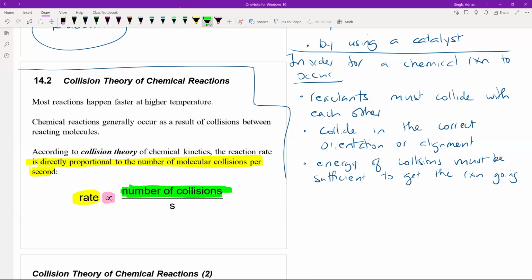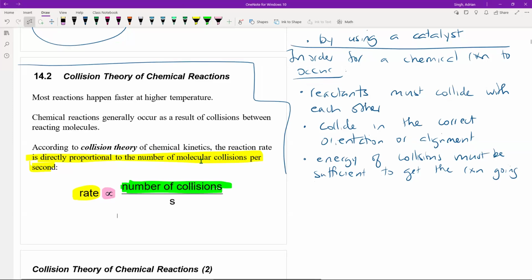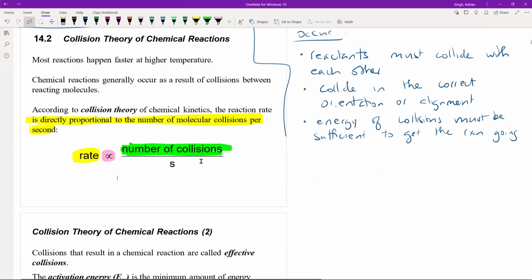Now, we just explained the fact that collisions need to happen, but not only must they happen, they need to happen such that the reacting particles collide in the right orientation, and then the energy of those collisions is sufficient to get the reaction going. These lead to what are known as effective collisions.